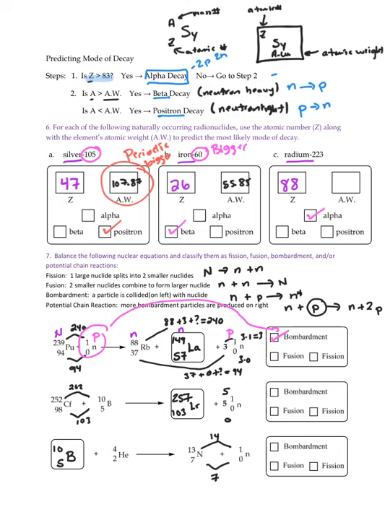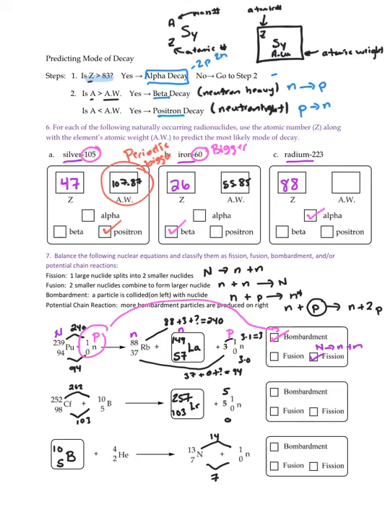Bombardment is just something that gets this type of nuclear reaction started sometimes. Then we can also ask ourselves, is this fission or is this fusion? It can't be both, but it could be one or the other. And in this case, because we have a big nucleus breaking down into two smaller nuclei, I'm ignoring the particles here, this is also a fission reaction.